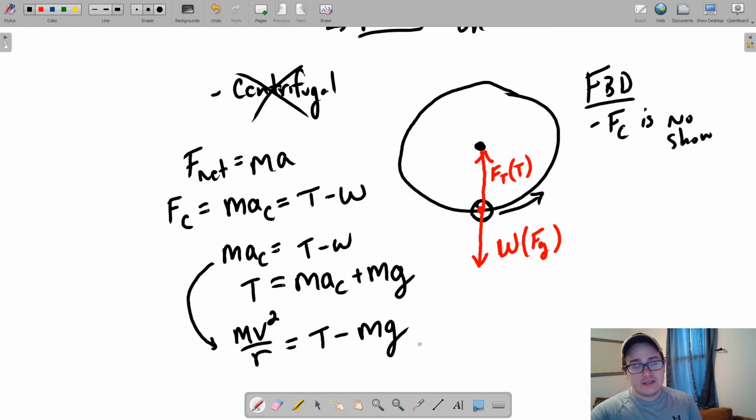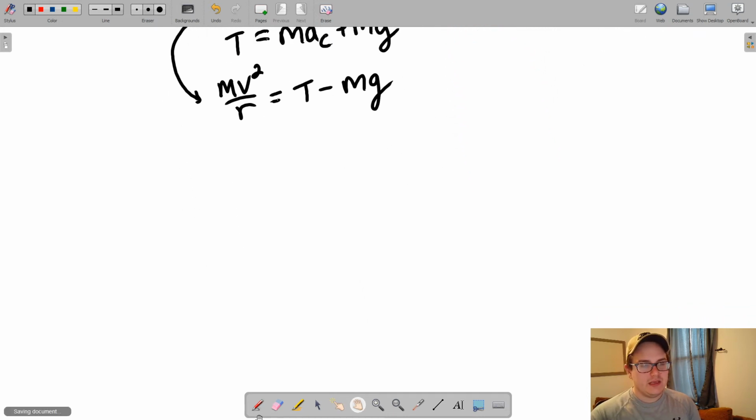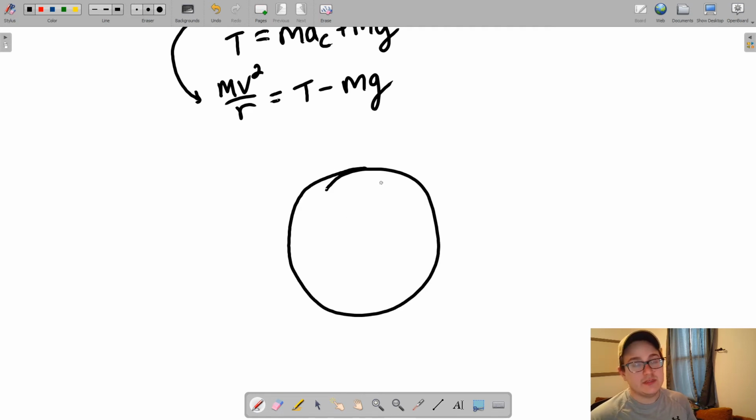All right, now let's unpack this a little bit more and then look at some special cases. So I'm going to scroll this down, and we're going to draw that circle again. This is, again, just a vertical circle, or an object vertically being spun around. Could be a tennis ball, could be lanyards, doesn't matter.